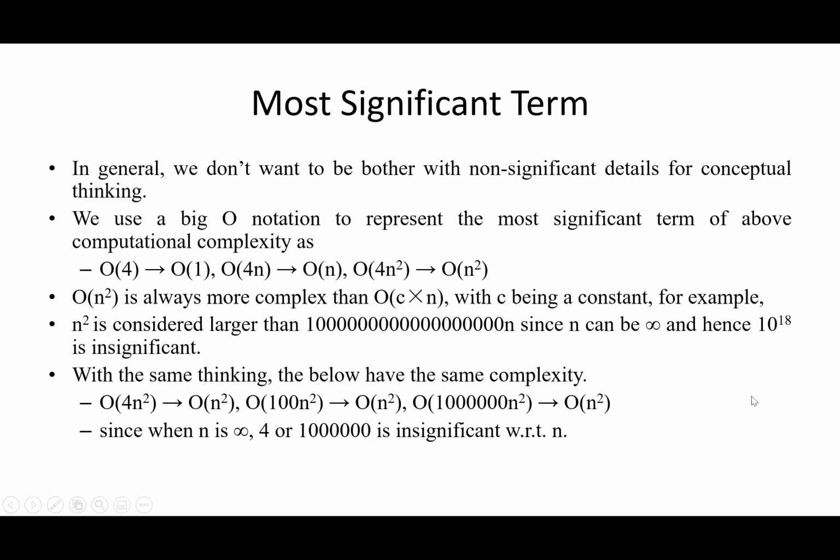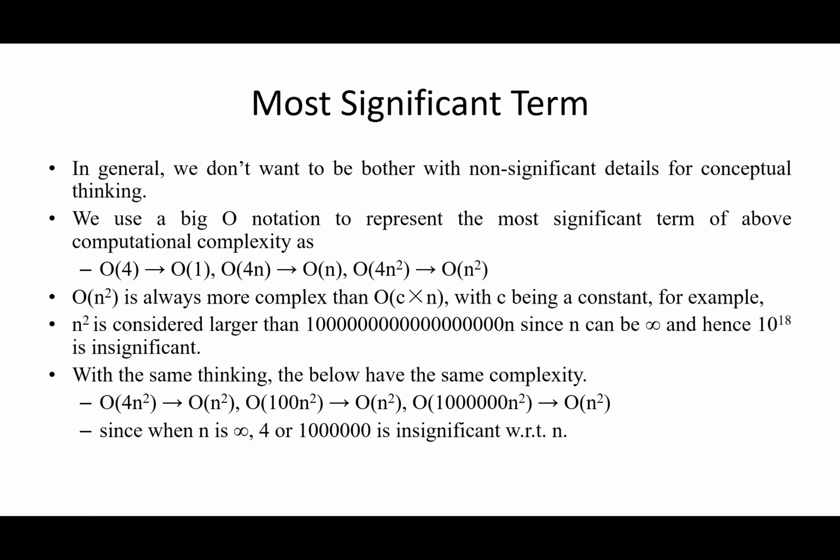Okay, so why do we just keep the most significant term, like just now I just kept n power 4. I don't want those n power 2, n power 3, I don't want them. Okay, because in general, we don't want to bother with these non-significant details, because the big O, remember just now, is just a conceptual thinking. It's just a concept that tells you roughly, as an approximation, how the rate of your algorithm will increase when your data size increases, right?